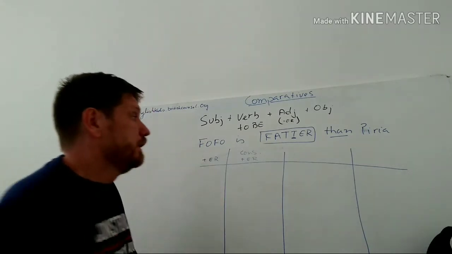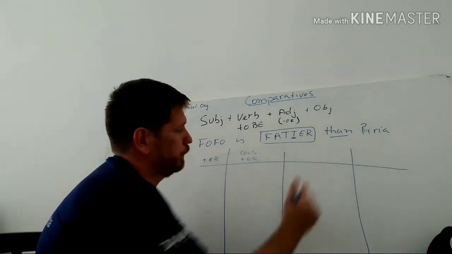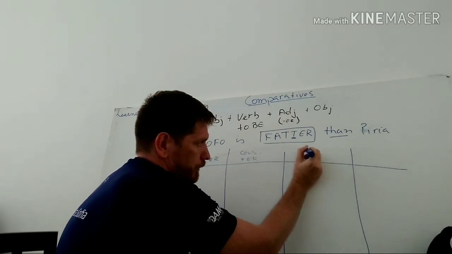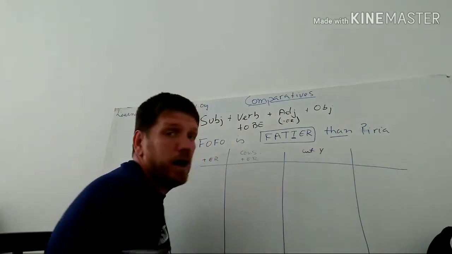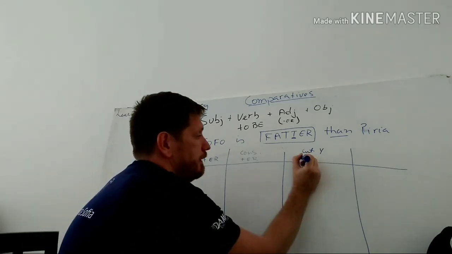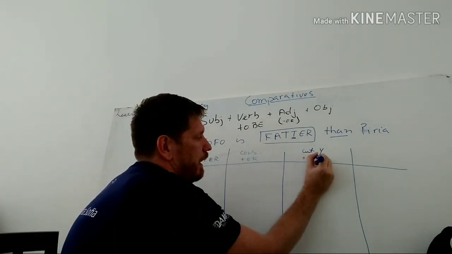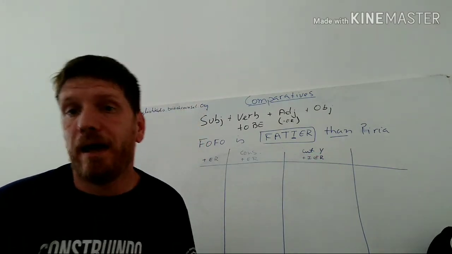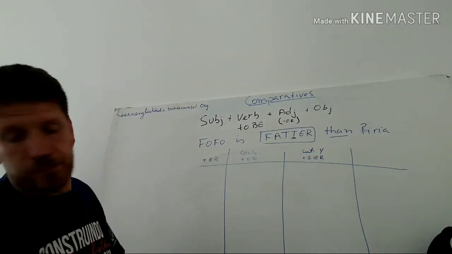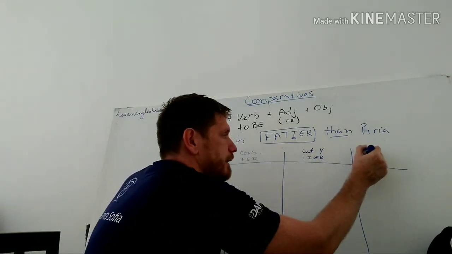We have another group where we cut the Y and add IER. And we have the groups which are the exceptions.